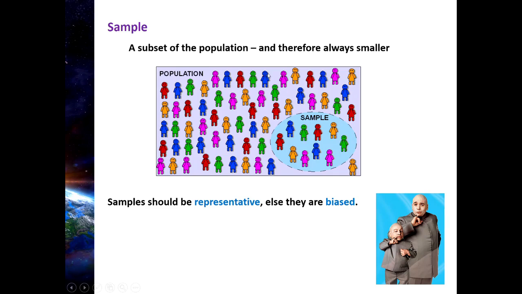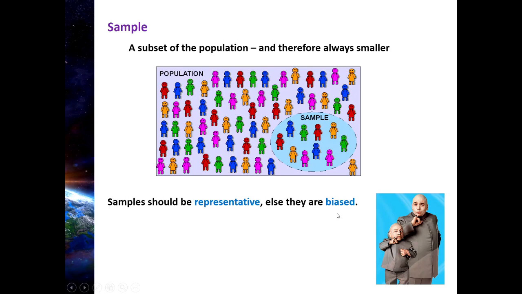So there are blue people in the population. We want blue in the sample. There are red in the population. We want red in the sample. And that's true for all the different colors. What if our sample was missing one of the colors? What if it was missing the pink, for example? Then we would say that the sample is not representative.